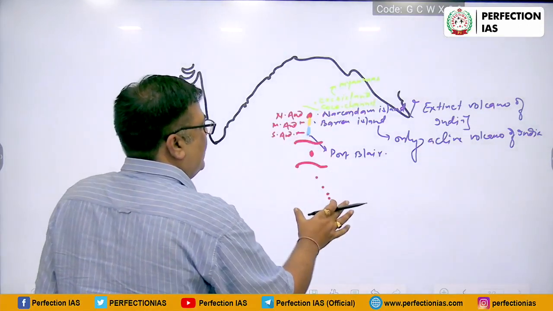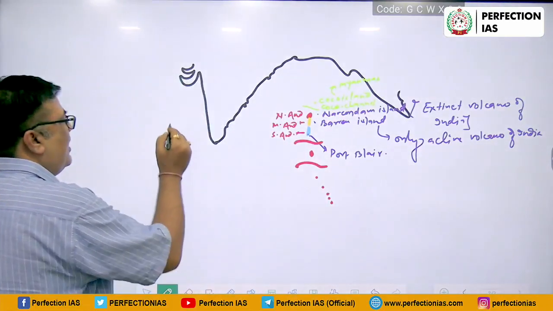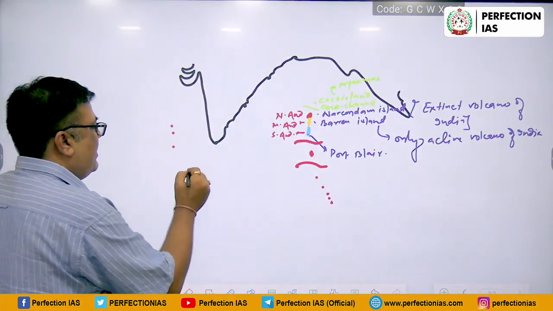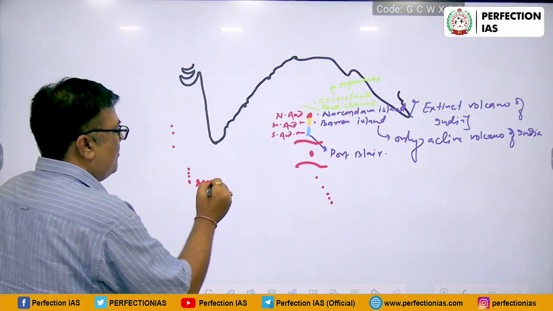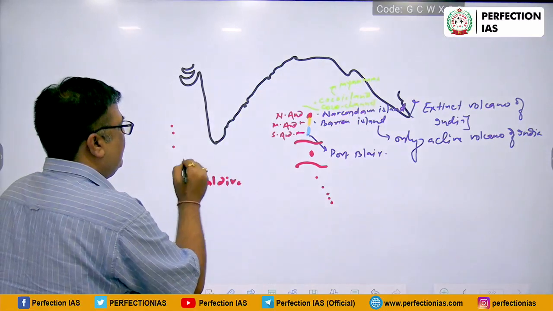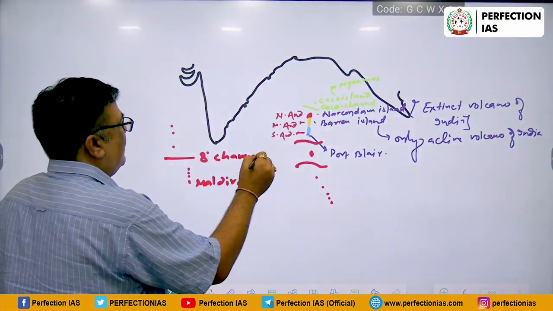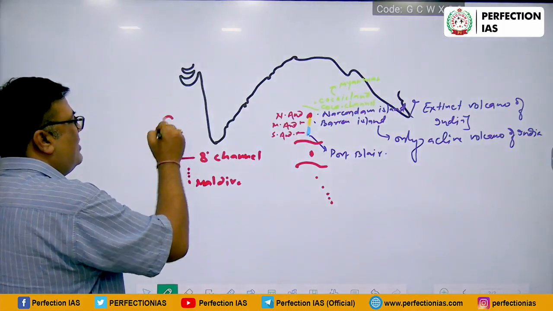So this is Andaman Nicobar, and this way you learn. And similarly here, the islands are, and finally here it is the Maldives, and here it is the Eight Degree Channel, and this is our Lakshadweep.